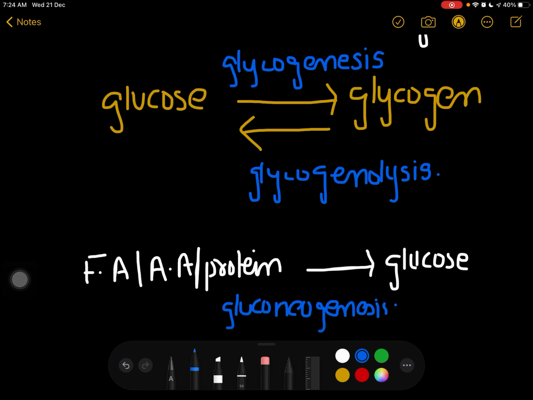When we need instant energy, our body will break down fatty acids, amino acids, protein, whatever it will get, and convert them into glucose, and the process is known as gluconeogenesis.